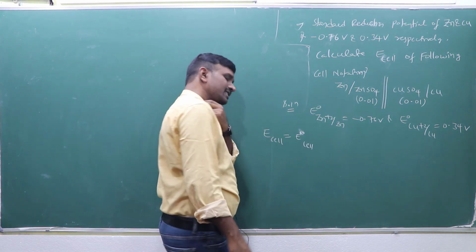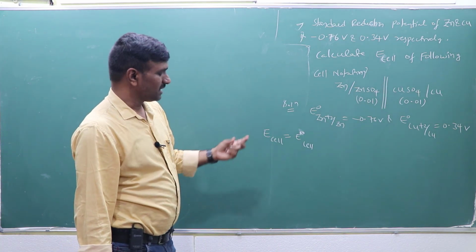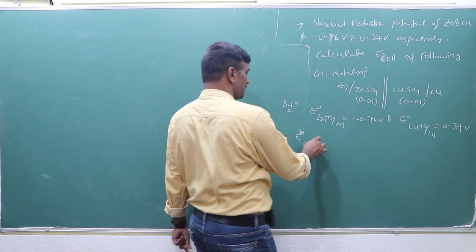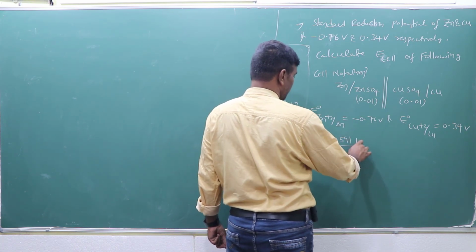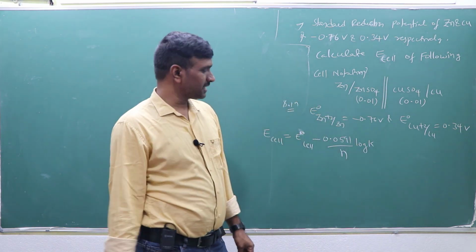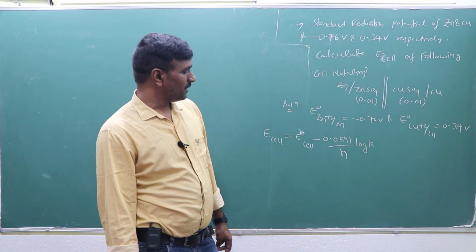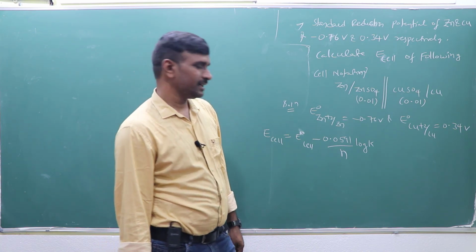Here it is the total cell, reduction plus oxidation. So E cell is equal to E0 cell minus 0.0591 by N log K, or minus 2.303 RT by NF into log K, right?